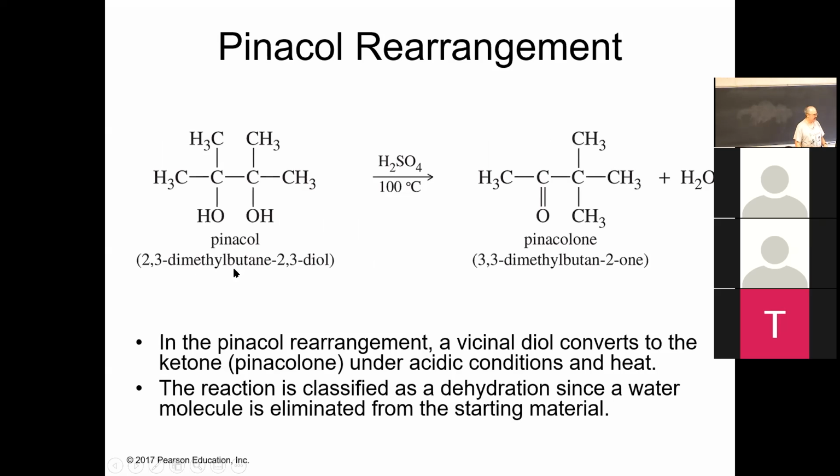It's 2,3-dimethyl butane-2,3-diol. And this is what we get. We get a ketone, which is commonly called pinacolone. So in the pinacol rearrangement, a vicinal diol converts to the ketone under acidic conditions and heat. It is classified as a dehydration, even though we don't get an alkene, but we do lose water in the process.